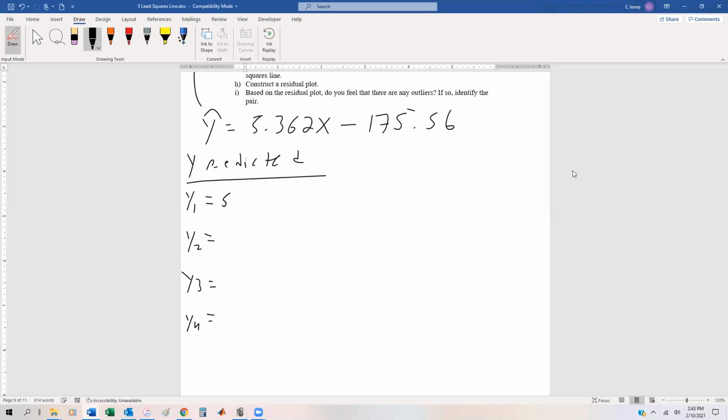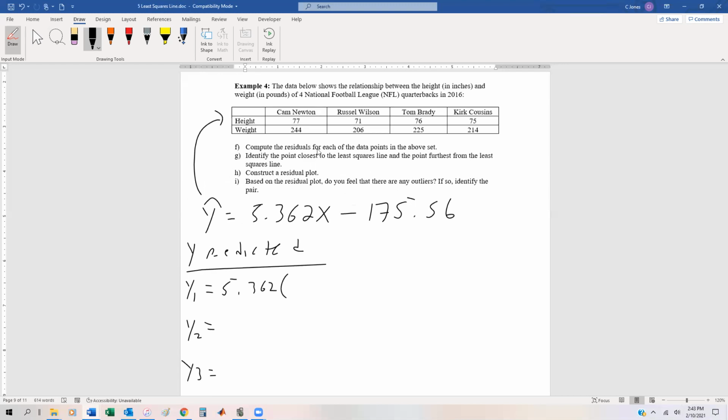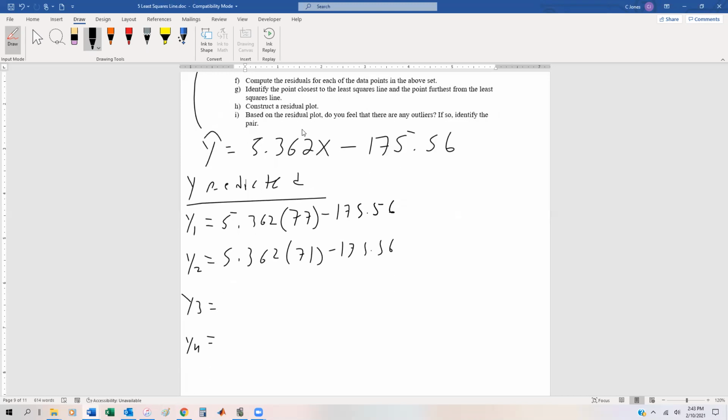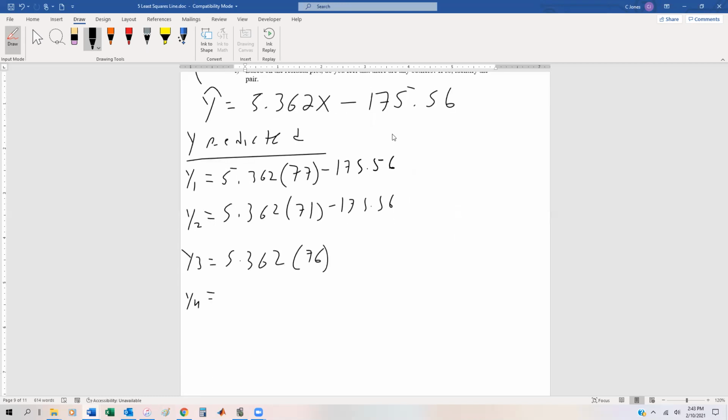For the first one, 5.362, and we're going to plug in the first x value, which is 77, in for x, minus 175.56. And then we're going to do the same thing right down the line. And we have 76, and then we have 75.